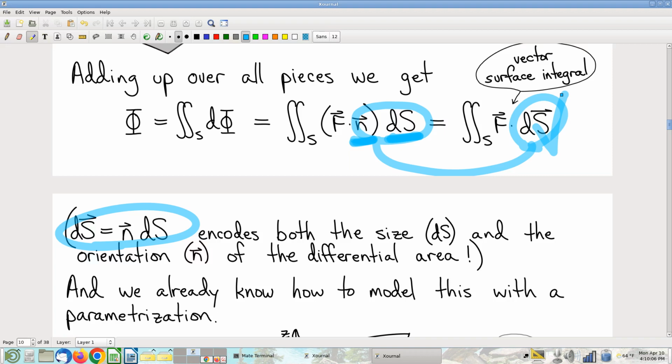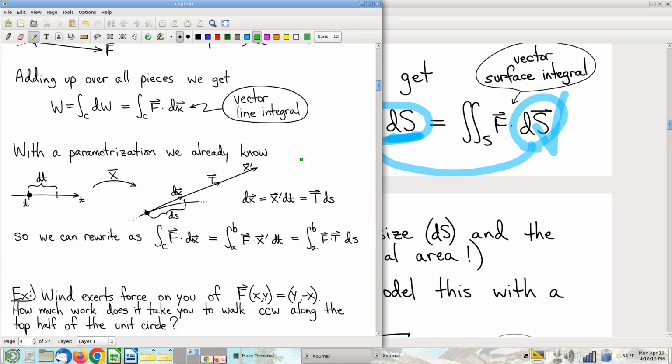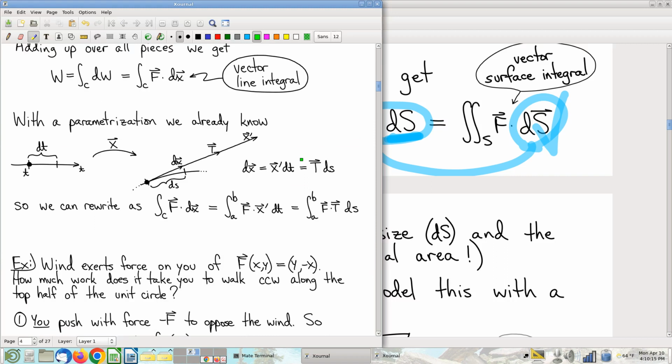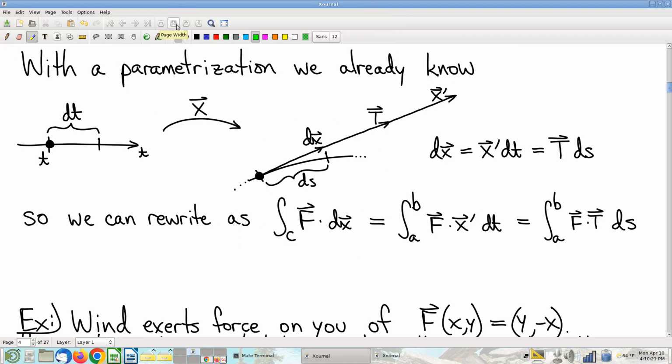There are different ways to think about this. Let me go back to the curves, and recall all of this business here. I'm going to make this larger. There we go. What can we say about the dx vector?